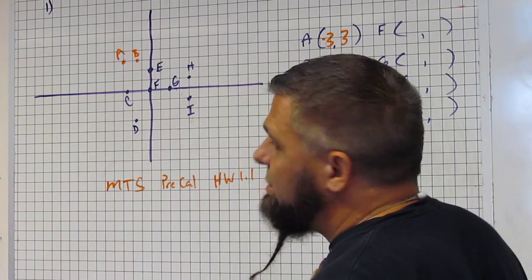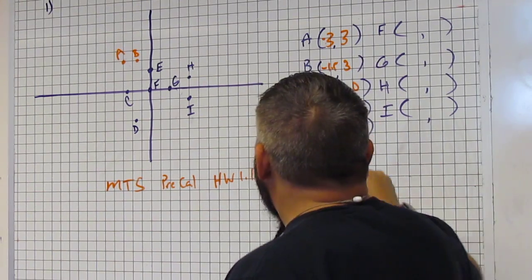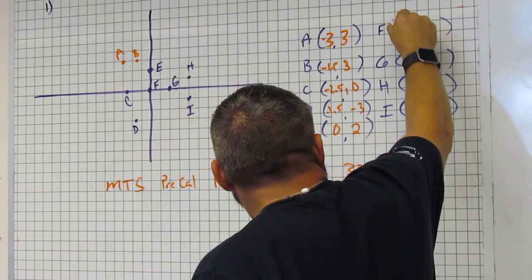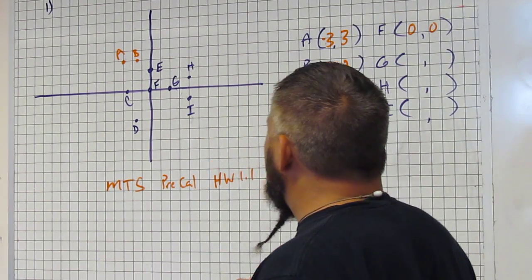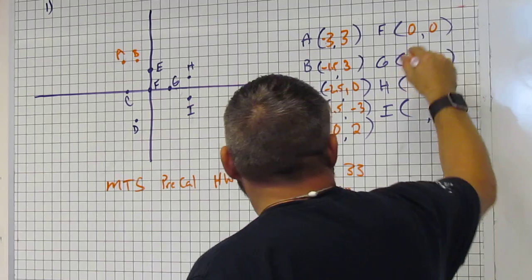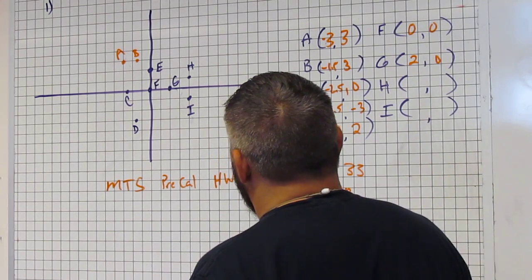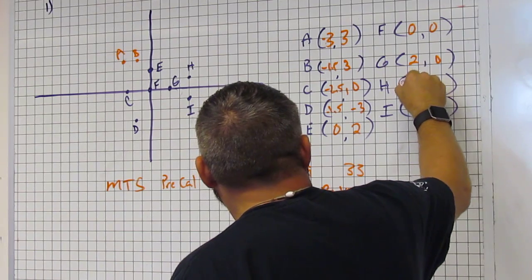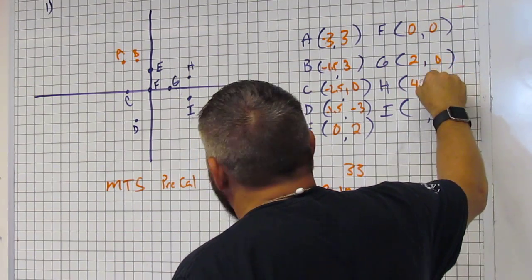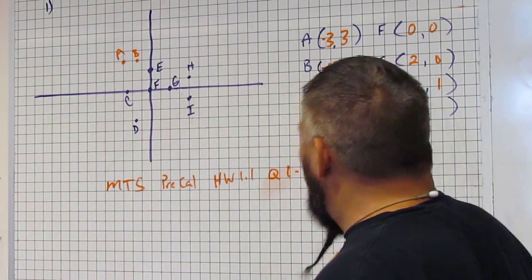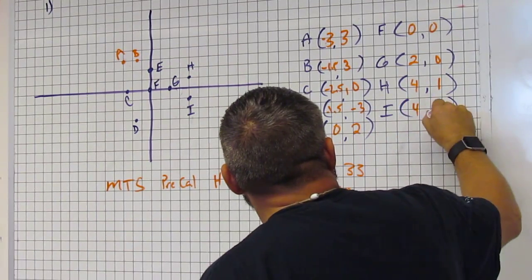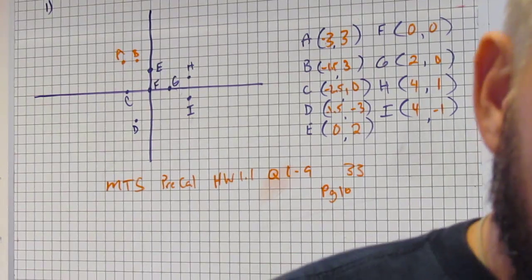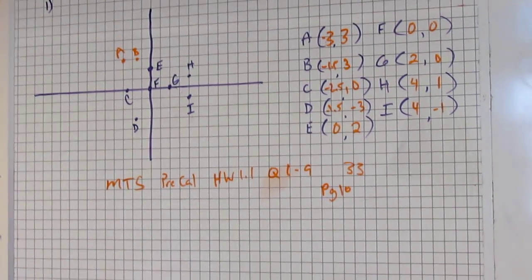E. 0, 2. Good. F. 0, 0. G. 2, 0. H. 4, +1. And then I. 4, -1. Good? All right. That's number 1.